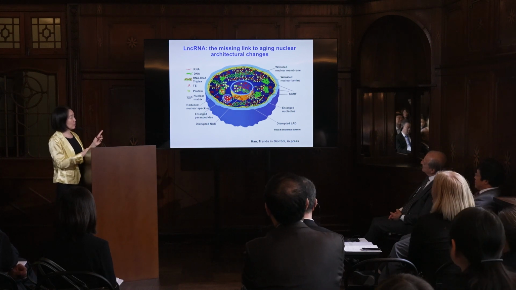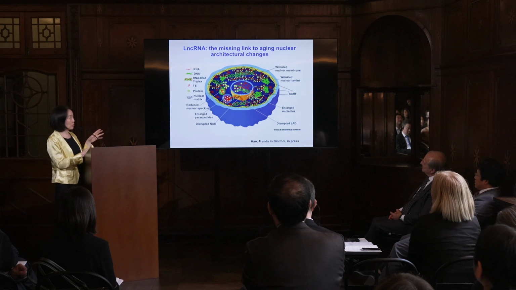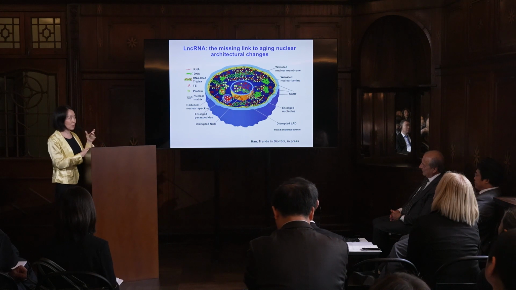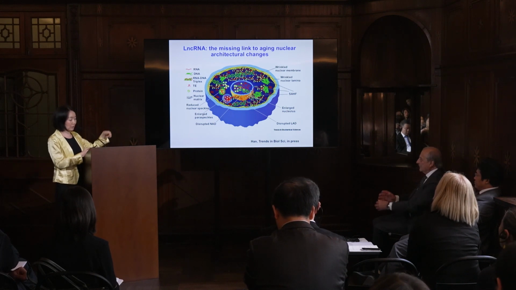Many lincRNAs are associated with all these structure-forming complexes. So here I just propose that maybe in the future, by coupling imaging of cells using an AI approach with perturbation of the lincRNAs, we can identify which lincRNA is controlling which factor and which structure of the nucleus.